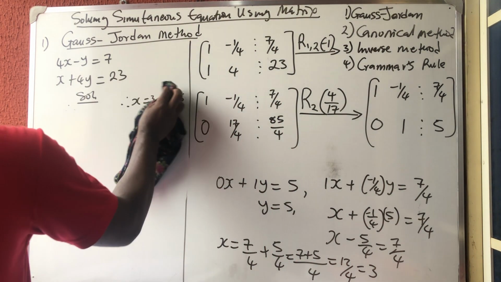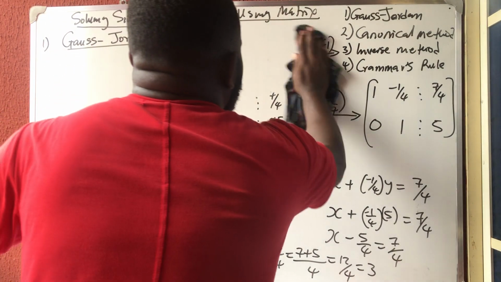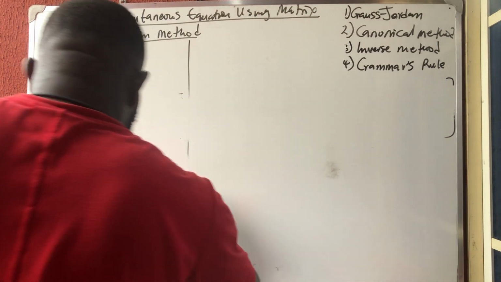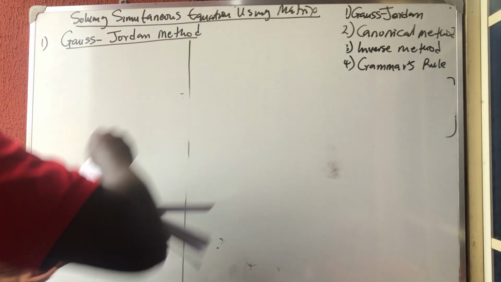Okay, now let us solve a 3 by 3 simultaneous equation using the same Gauss-Jordan method. Let me look for a 3 by 3 here.